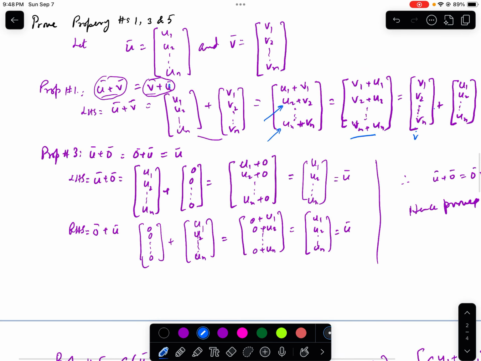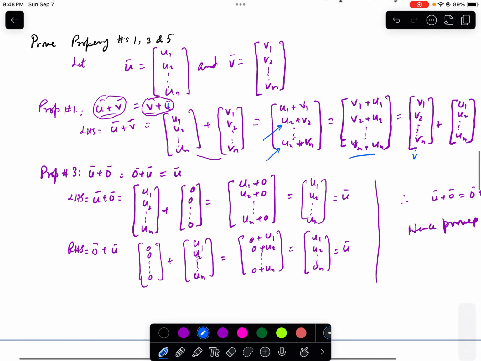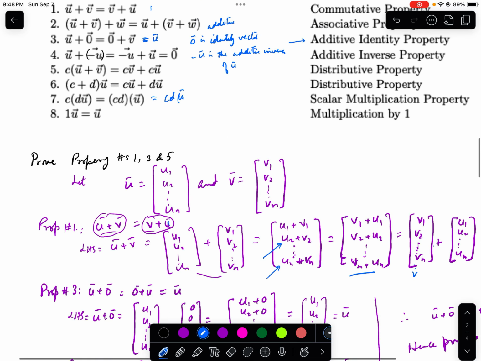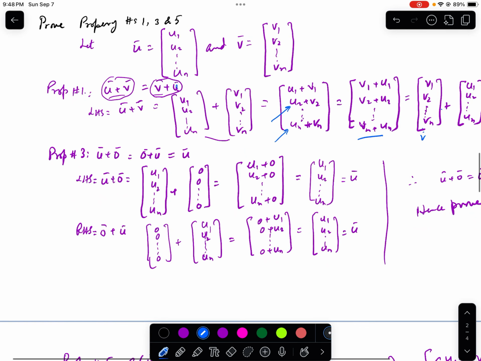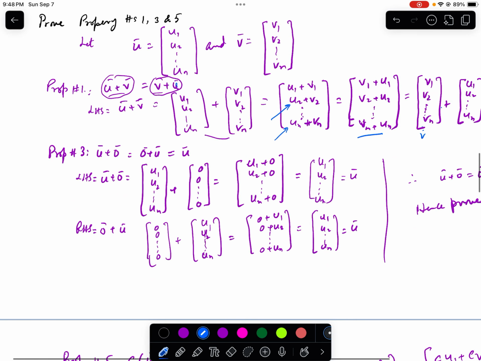So number 3 is saying u plus 0 is equal to 0 plus u and is equal to u. So we start with the left hand side. We get u plus 0 will be the u vector, u1, u2. What is the 0 vector here?